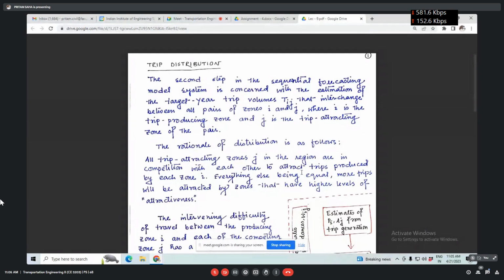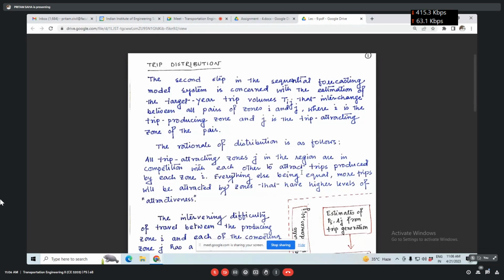And in doing so, we need to go with something called 4-step modeling. In transportation planning, this 4-step modeling is very well known, very popular and also very effective.